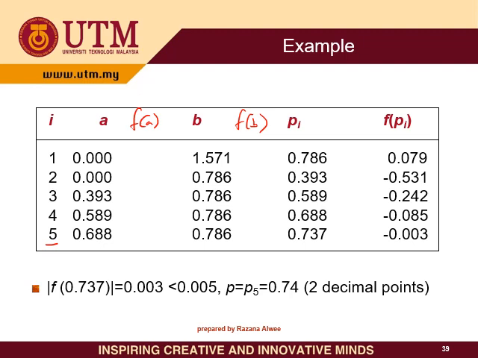So we can see how many iterations, what is the A, what is the B, and the FA and the FB, along with P1, P2, P3, and the F for the P. Then we can see the sign, whether it is negative or positive, directly from the F here.